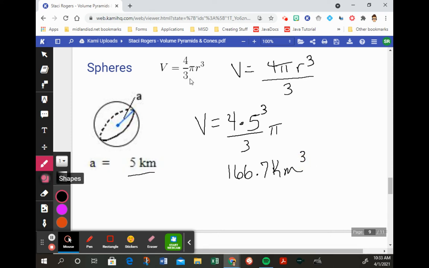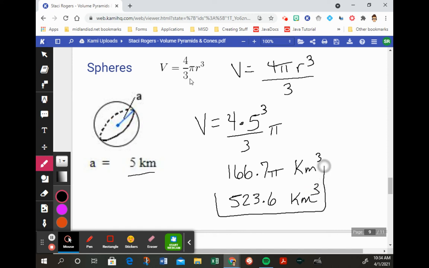Whoops, I forgot my pi. Can't forget pi. He's got to stand on there too. Okay, so now I multiply that times pi. I get 523.6 cubic kilometers. And there's my final answer.